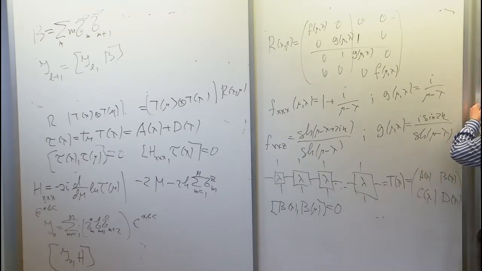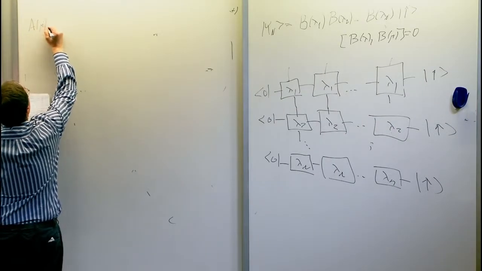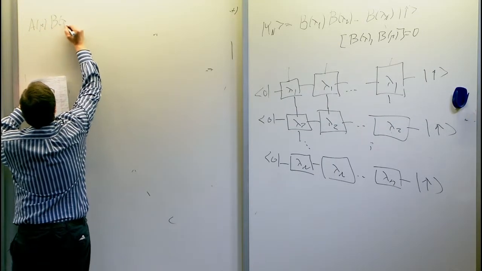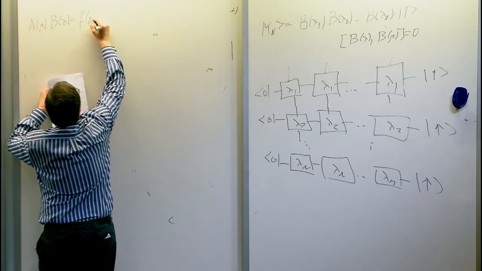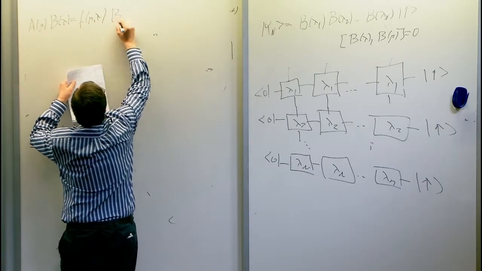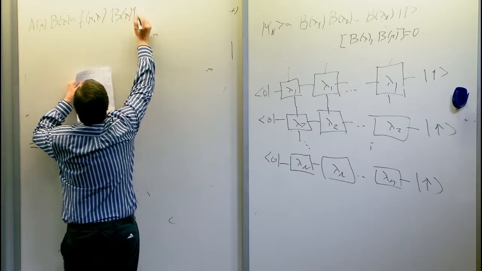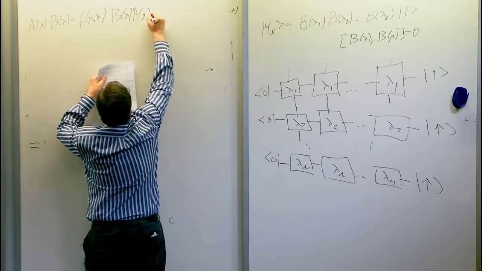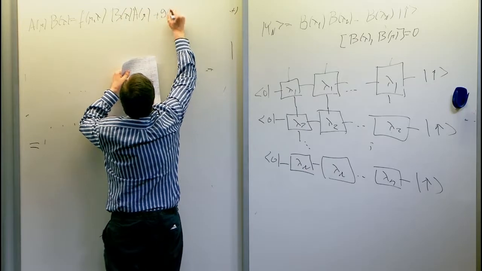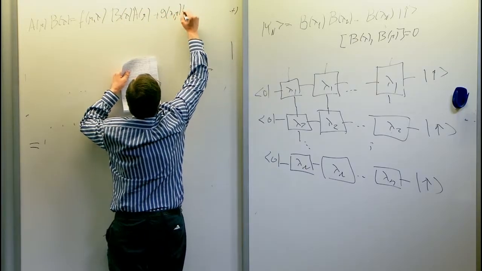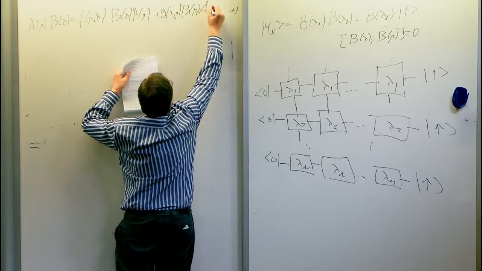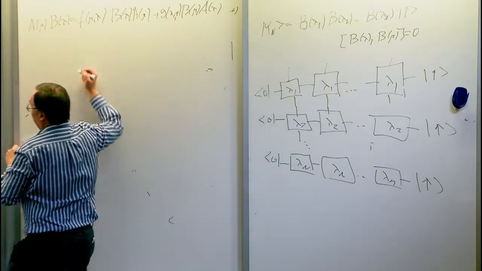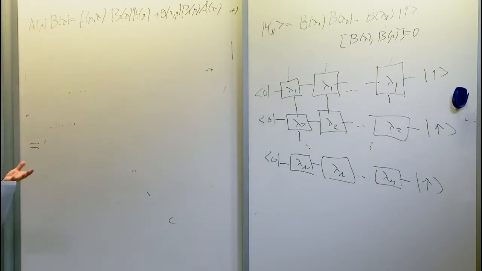The other one looks like this. The A operator, it has conservation laws, and B is creation, right? And for D, similar. I mean, A plus D, the trace of the monodromy matrix, commutes with the Hamiltonian.